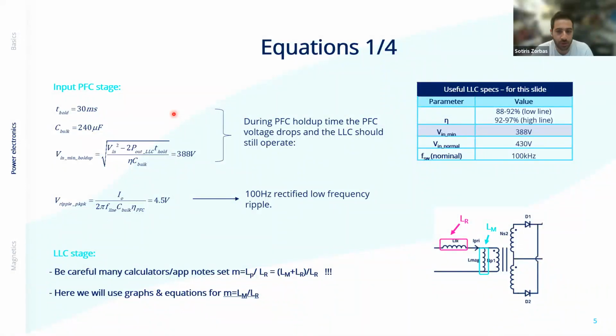Here the nominal voltage is around 430. Actually, the more interesting part is the lowest voltage, because the lowest voltage is going to dictate the maximum gain that the LLC needs to be able to provide in order to maintain the voltage at the output.